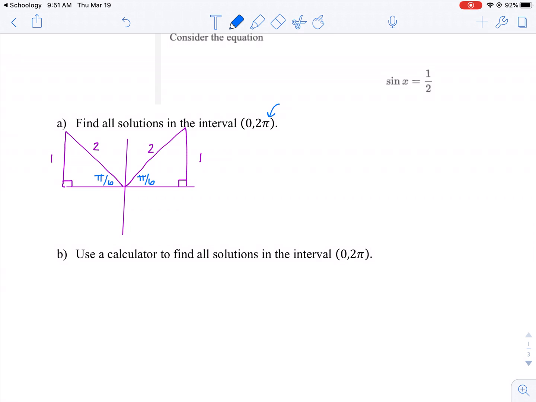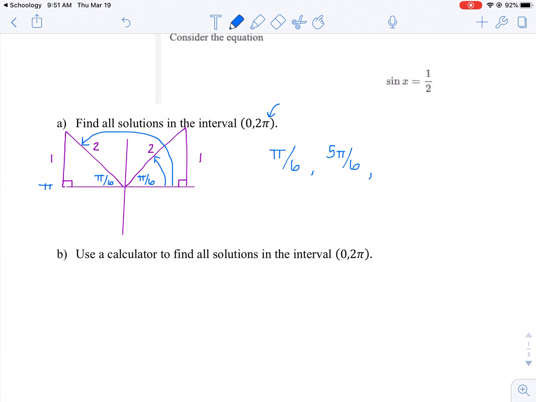The first angle is pretty easy. Here to here, so pi over 6. The next angle will always start on the x-axis, head over to here. So that's pi over 6 less than pi, because you know pi is on that 180 degrees. So that would be 5 pi over 6.